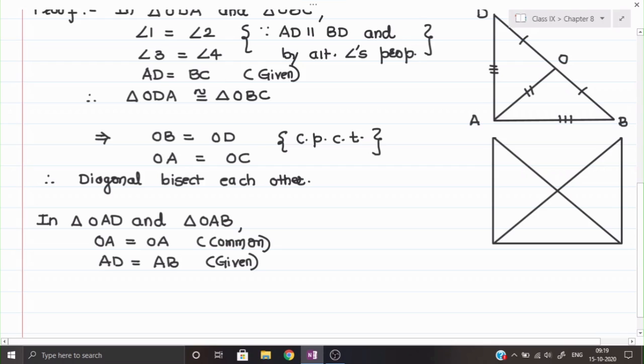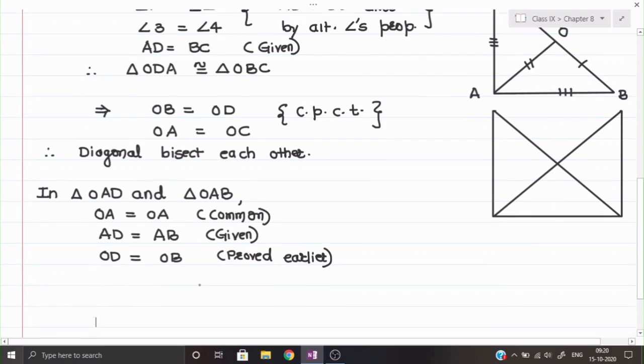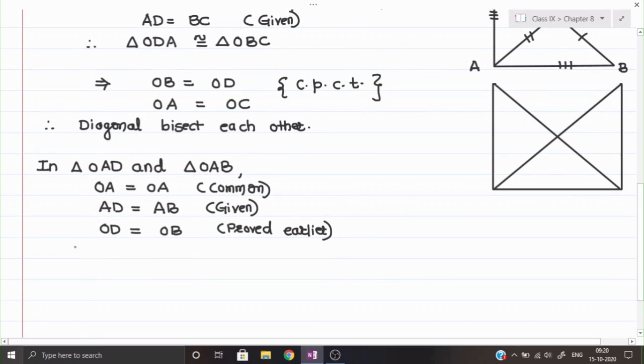Okay, and the third thing, we can say that OB is equal to OD. So we shall mention here OD is equal to OB, that we have proved earlier. We can write down the reason over here: proved earlier. Okay, so now you see all three sides are equal. So with the help of SSS, the triangles are congruent.